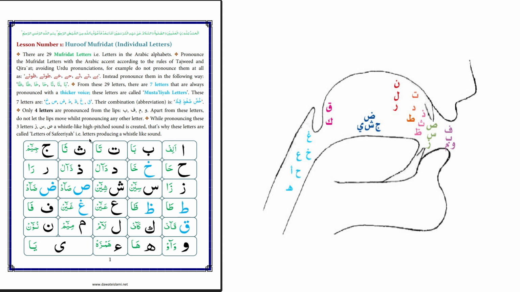Now this Tha is not Sa. The way you pronounce it is by taking the tip of your tongue and touching it with the tip of your front teeth, right? So the tongue should not be behind, nor should it be in front. It is simply just under the bottom with the tips.